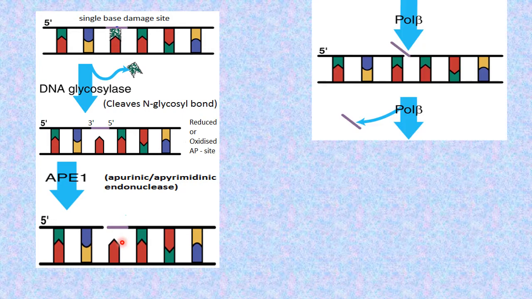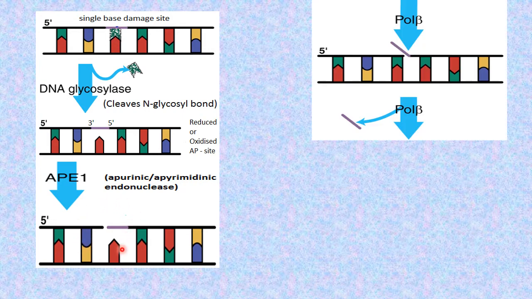So this AP endonuclease recognizes this damaged DNA, and then it removes the phosphodiester bond present towards the 5' site of this abasic site, and a nick is produced at this 5' site.